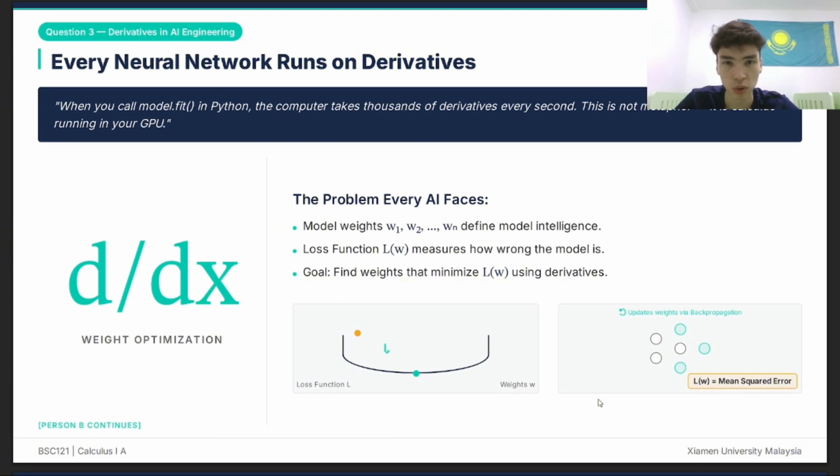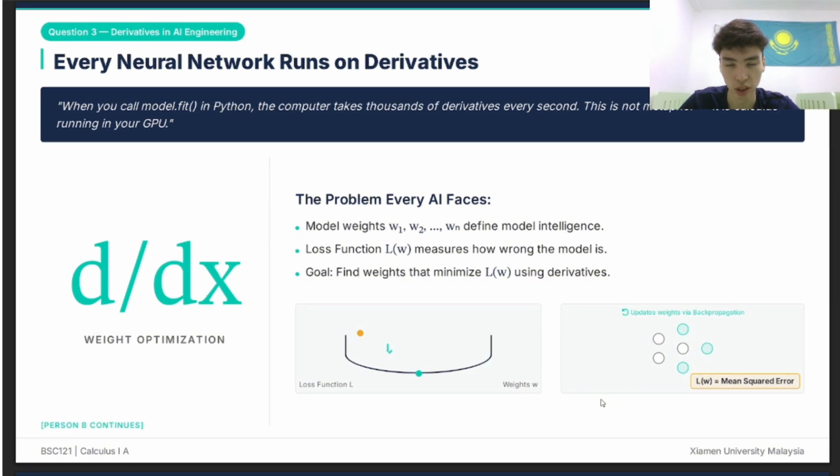The core problem we face is this: a model's intelligence is defined by its weights, as shown in our slide. And we have a loss function that measures how wrong the model's predictions are. Our goal is to find the set of weights that minimize this loss function. To do this, we use derivatives.